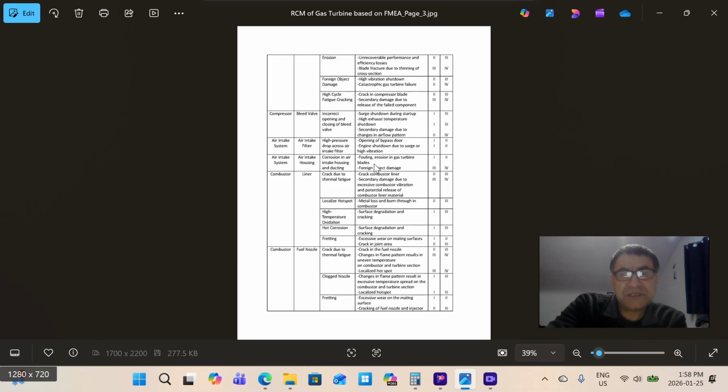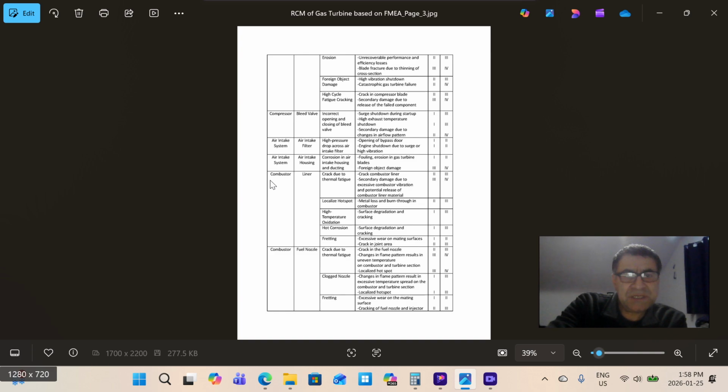The failure effect is fouling and erosion in gas turbine blades. Foreign object damage is a high probability, because if a foreign object enters through the air intake housing into the system and is unmitigated, it could result in gas turbine shutdown.